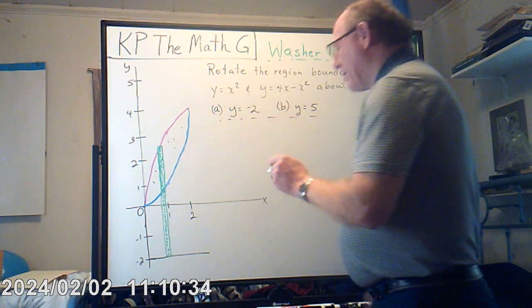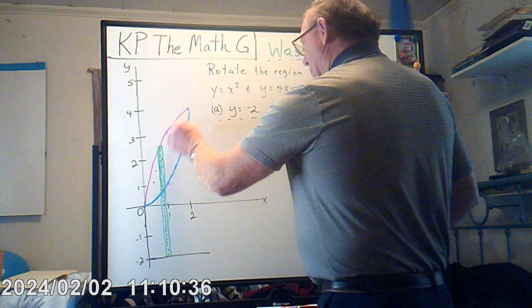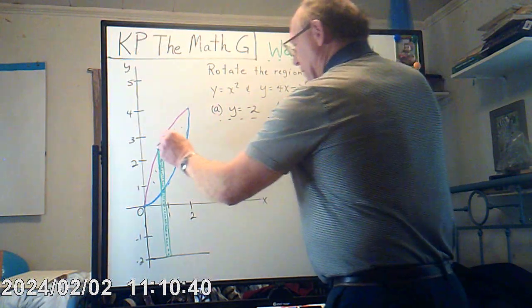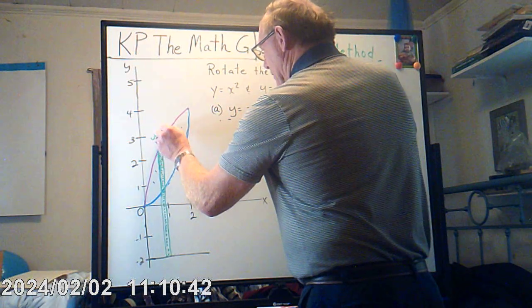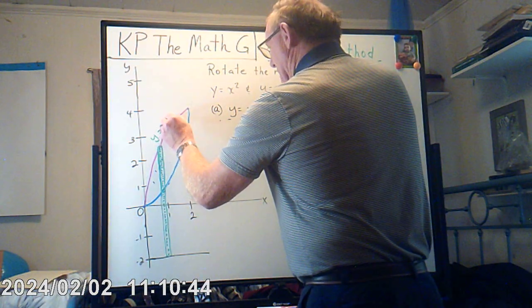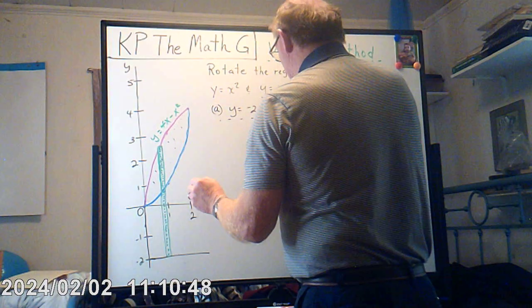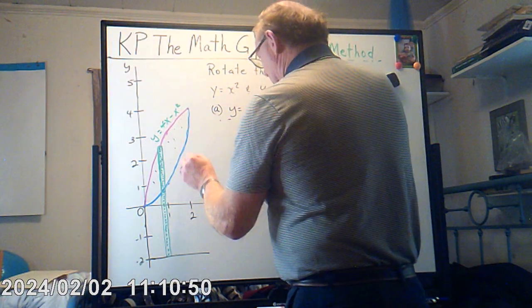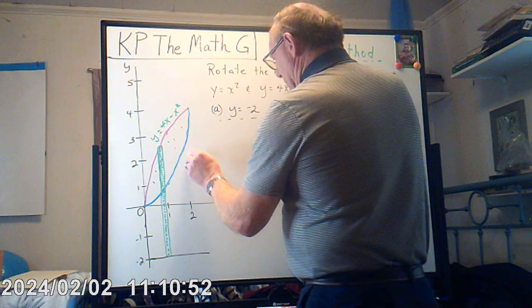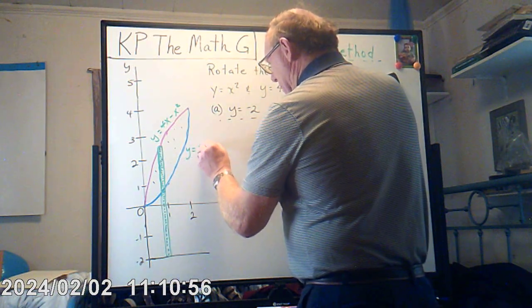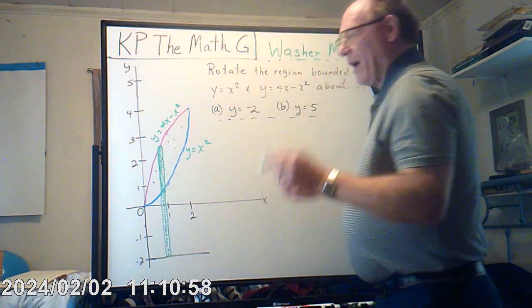Now remember, this top portion is y equals 4x minus x squared, and the bottom portion, this blue, is y equals x squared. You have to know that.